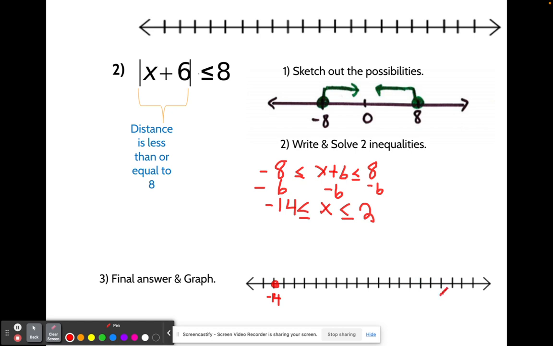Here is 2, and if I counted right, I have a closed circle. And it's the numbers in between there that should all be solutions.